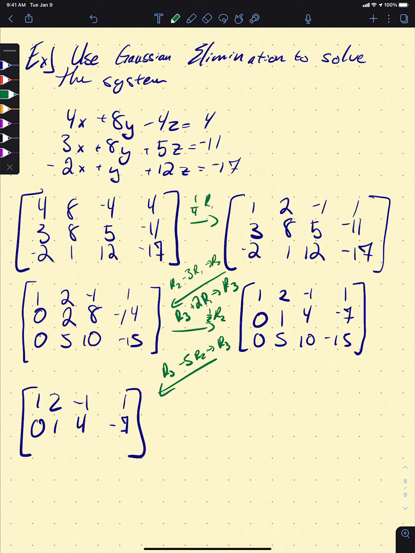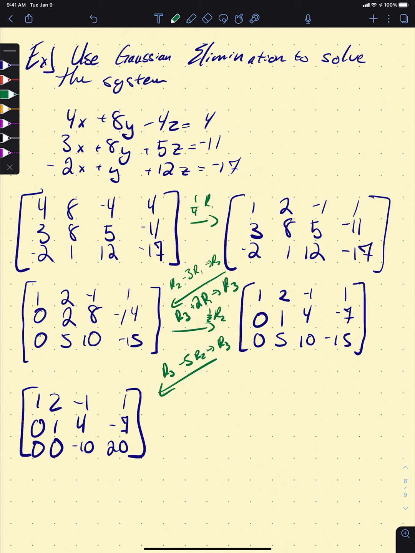Okay. So what's going to happen? Well, 0 plus negative 5 times 0 is, well, 0, right? We're going to have 5 minus 5 is 0, which is great. That's what we wanted. We're going to have 5, minus 20. It's going to be negative 10, right? Then we're going to have negative 15 plus 35 comes out to 20, okay?